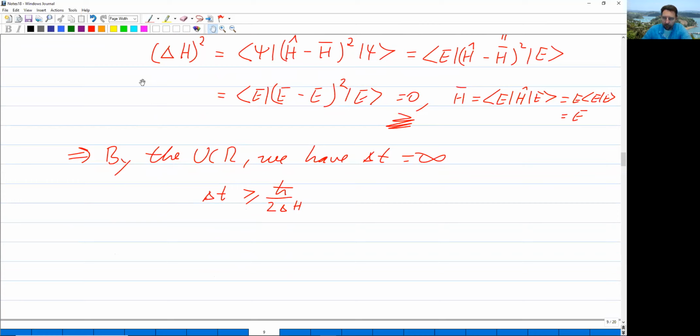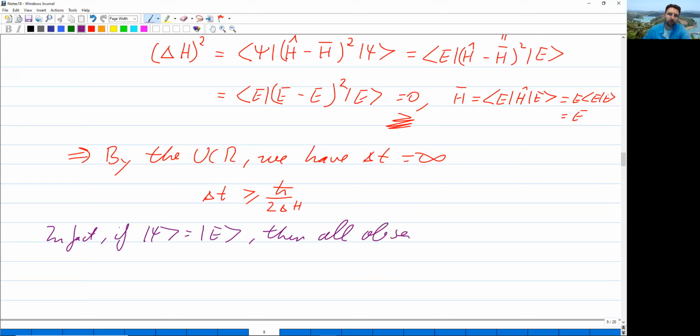If an isolated quantum system is in an energy eigenstate, then that system is completely frozen. None of its observables can change in time. Let's check this. In fact, if psi equals E, an energy eigenstate, then all observables are frozen.